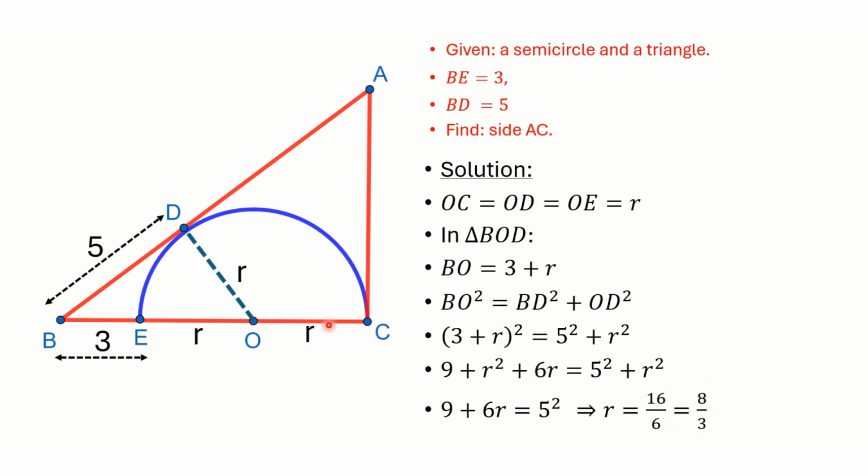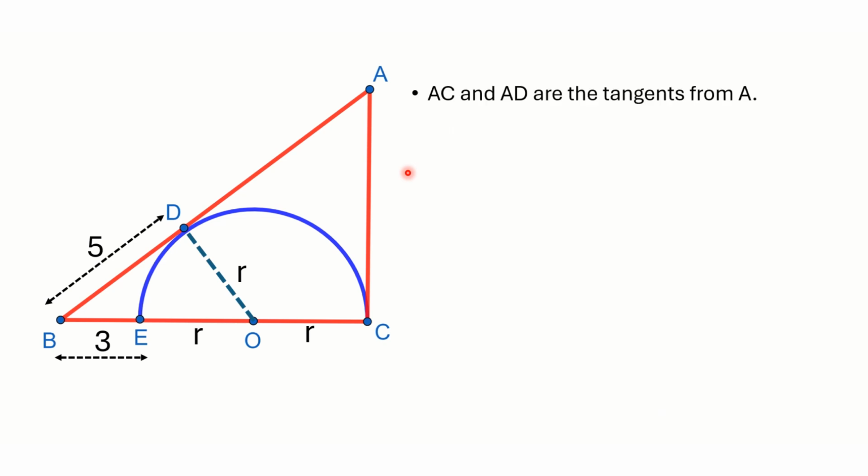So now I know the value of the radius, that is small r, but we have to find AC. Now to calculate the length of AC, I will use one theorem from circle. Now notice that AC is basically a tangent on this semicircle, and AD is also a tangent on this semicircle.